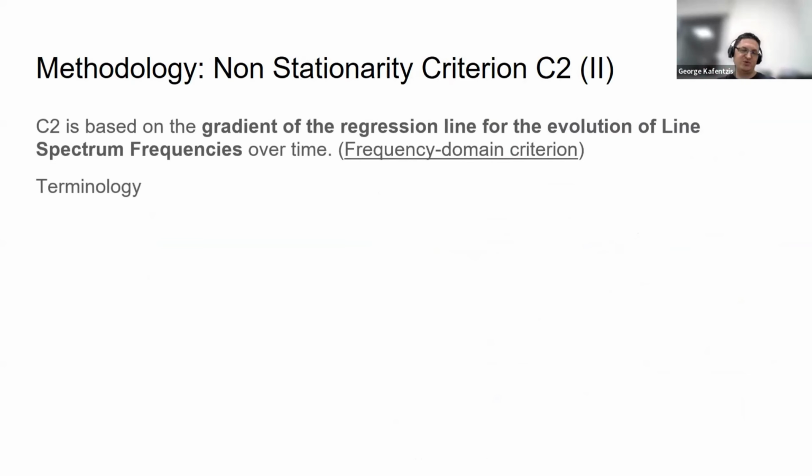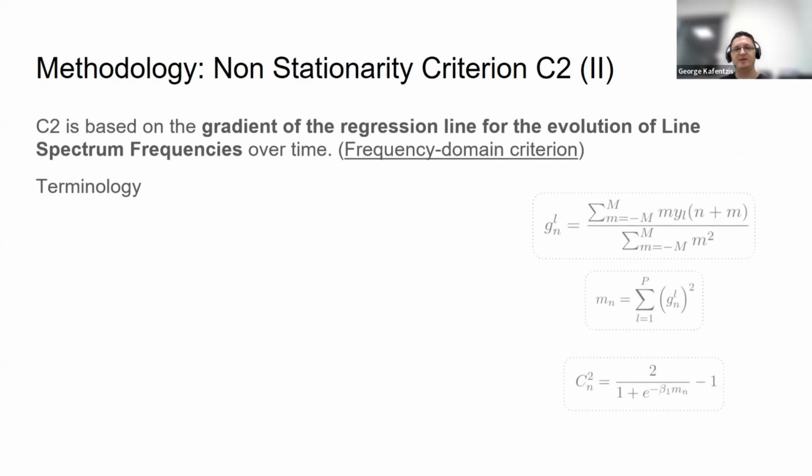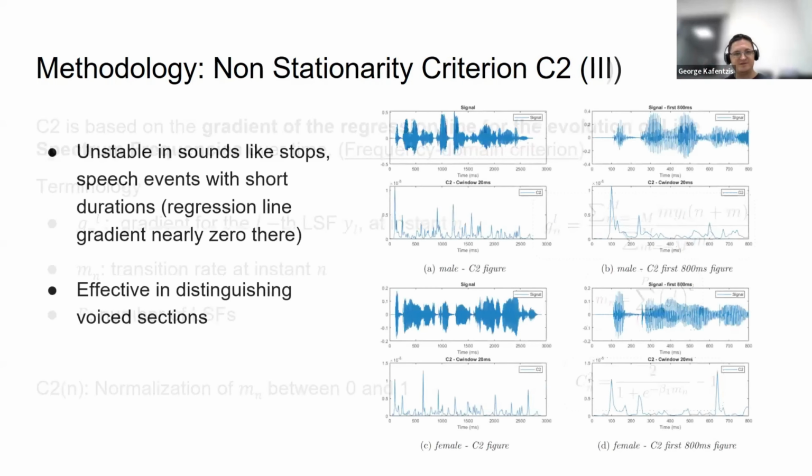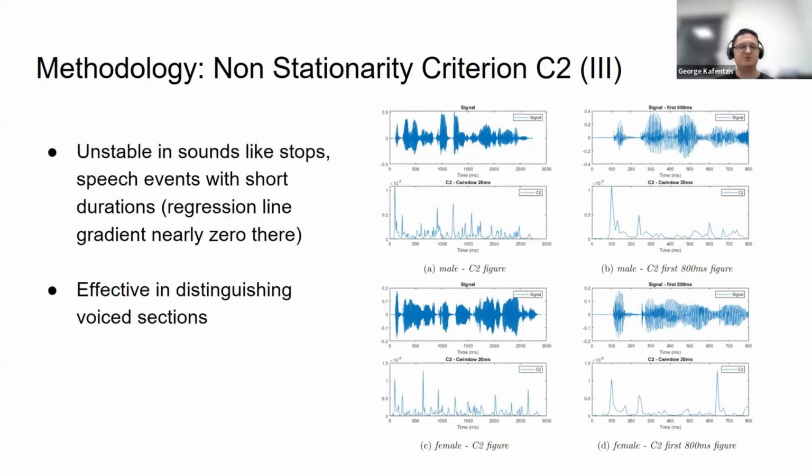We fitted a straight line locally on each of these colored curves, and we measured the slope of each curve. Then we combined these slopes together, and we implemented the C2 measure of non-stationarity detection. If you apply this C2 measure, you get these results for these specific speech signals.